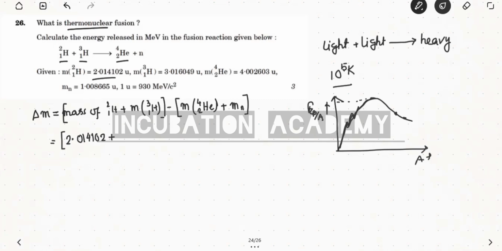Okay, so the mass of deuterium is 2.014, helium-3 is 3.016, helium-4 is 4.0020603, and the mass of neutron is 1.0086665. Obviously that is in U, atomic mass unit. All the things are measured in U.